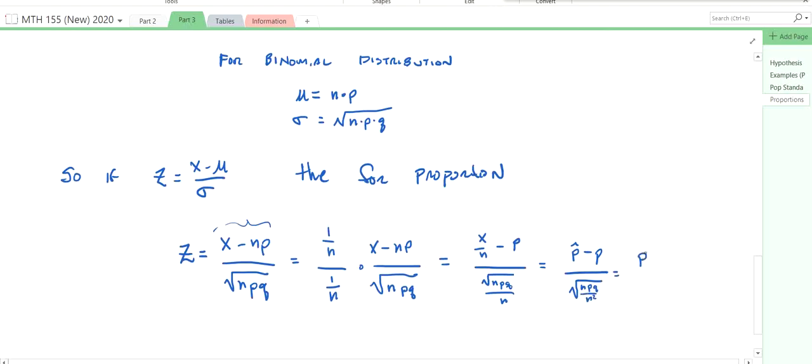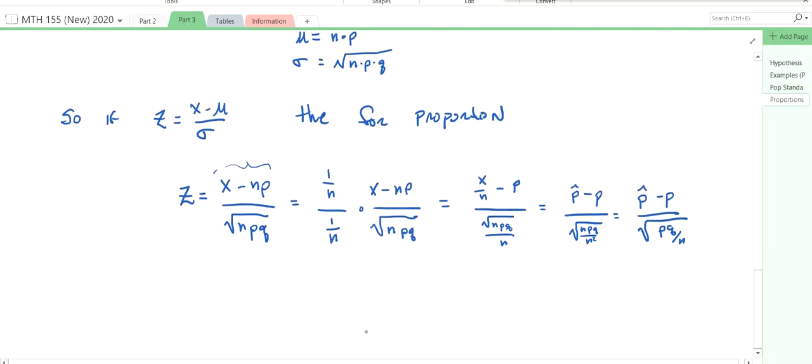So this is ultimately going to be p hat minus p over the square root of pq over n. So that's how we get this z term. I should have probably derived this before. So this is going to be the z term we use now for our test statistic.